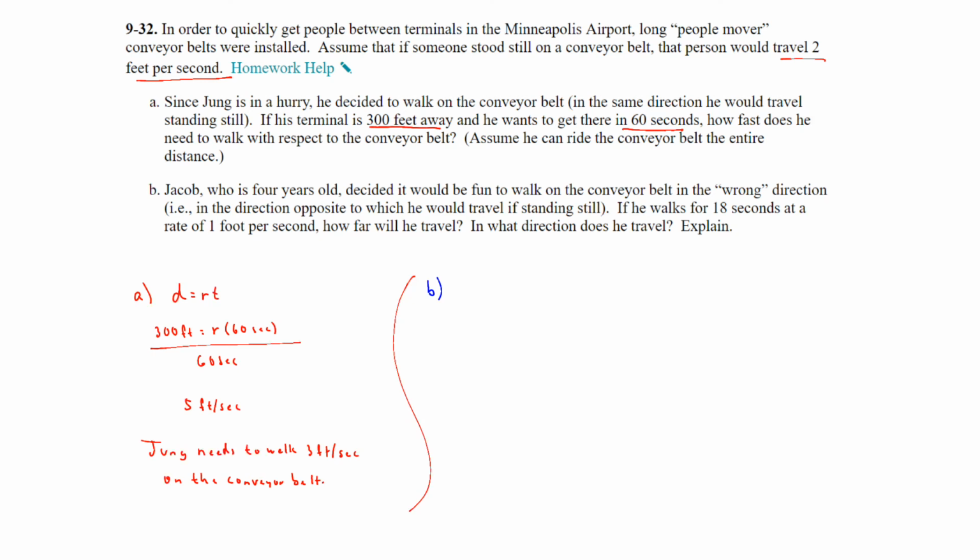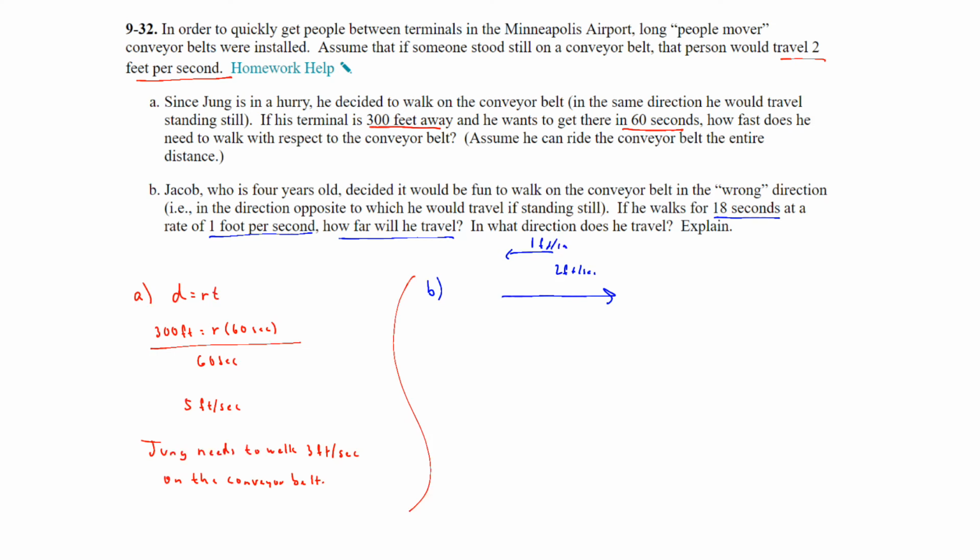And so for this one, we know the time is 18 seconds. We don't know how far he's traveling, and so we've got to figure that out. But we also do know the rate, 1 foot per second, but that's going in the opposite direction. So actually, let's say the conveyor belt is moving this way, and normally you would go 2 feet per second, and Jacob is walking this way at 1 foot per second.